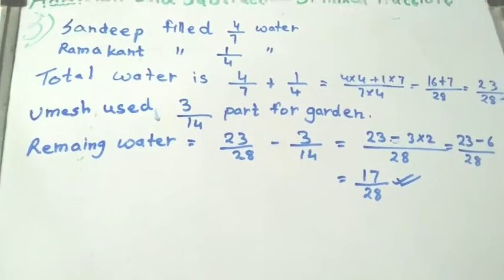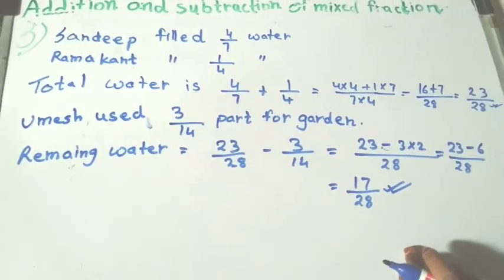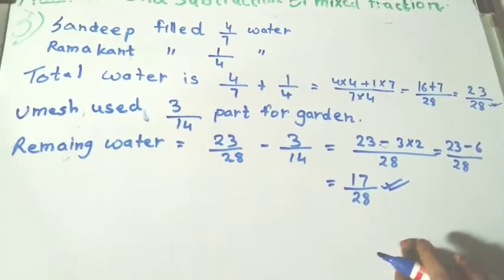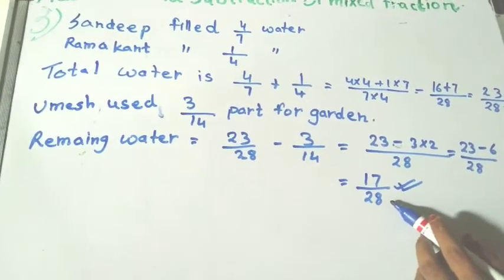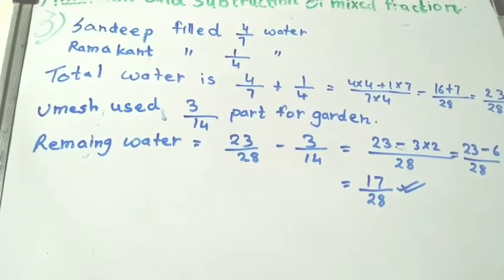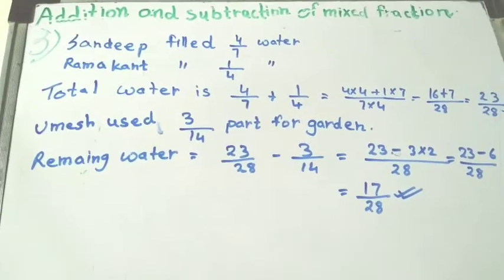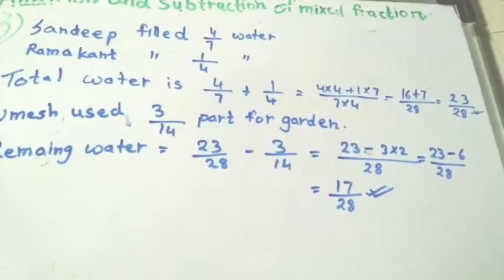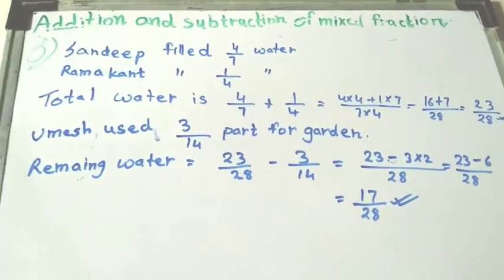Here given, the total capacity of the tank is 560 liters, and here the 17 by 28 water is filled in the tank. Then how many liters of water will be left in the tank?